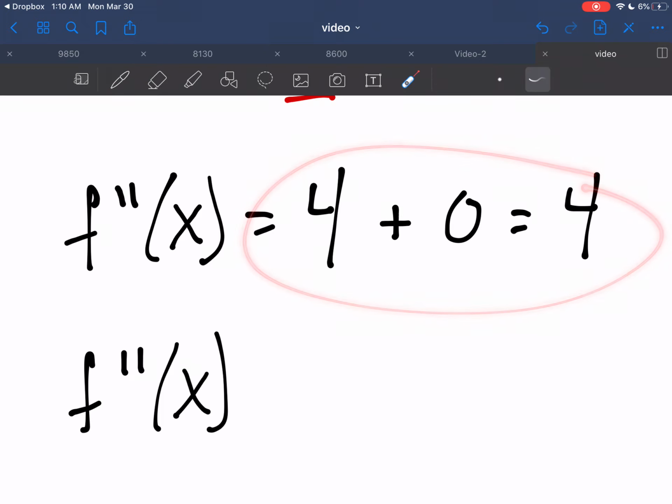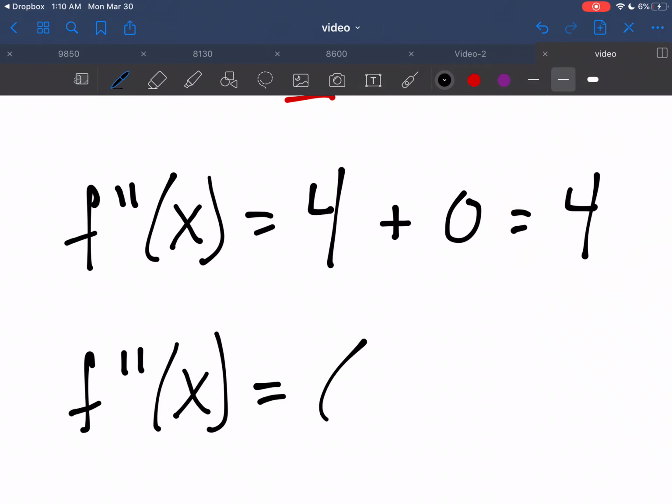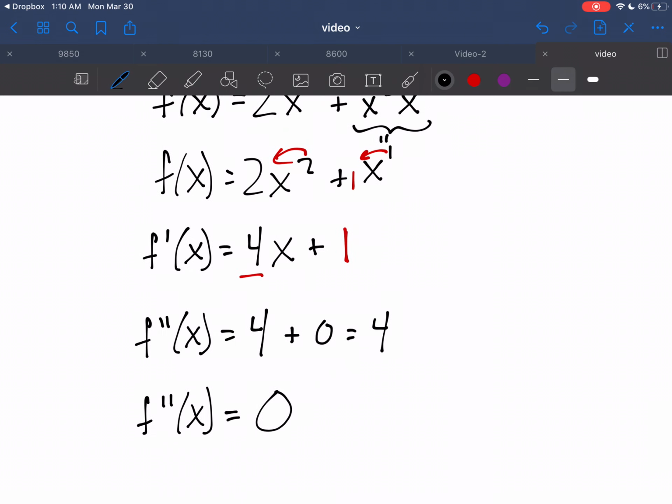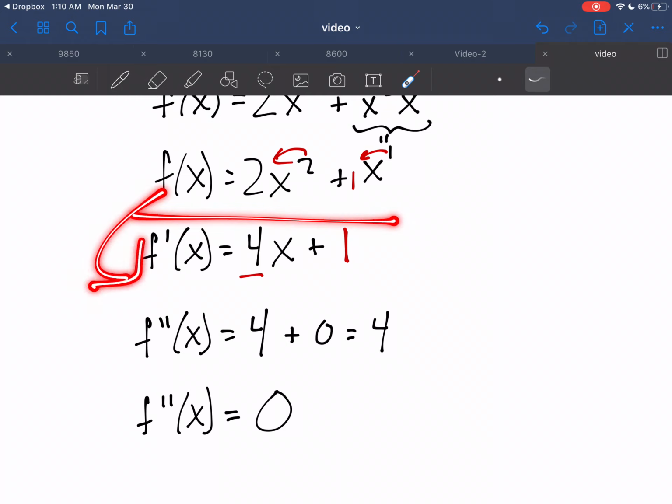The derivative of 4 is 0 because it's a constant. So you can see we start out with this polynomial, and as we take the derivative, especially as these terms move to be constants, we end up with 0 eventually.